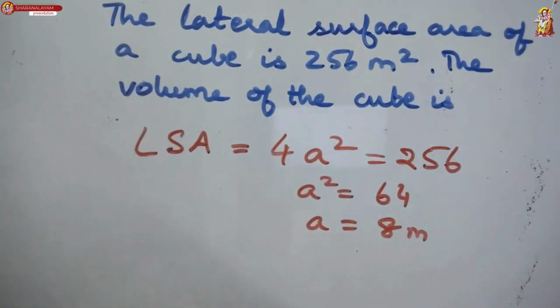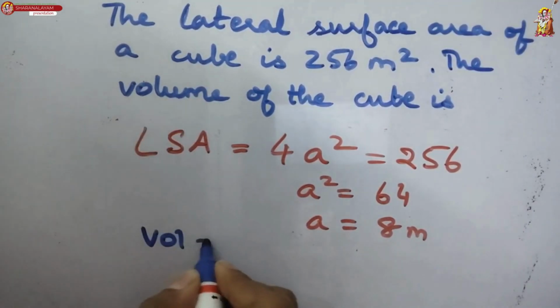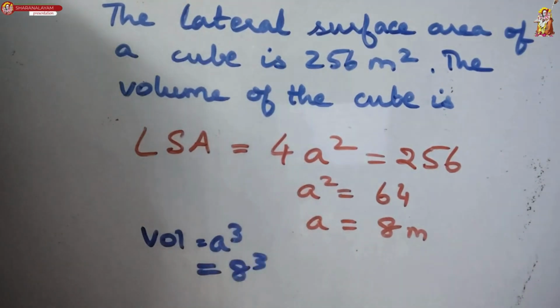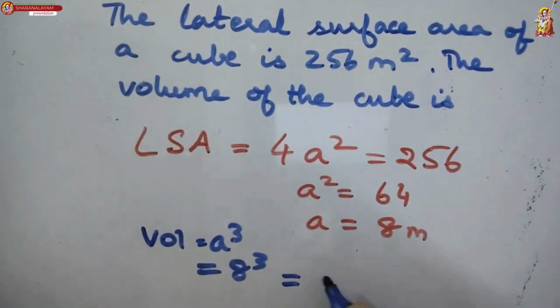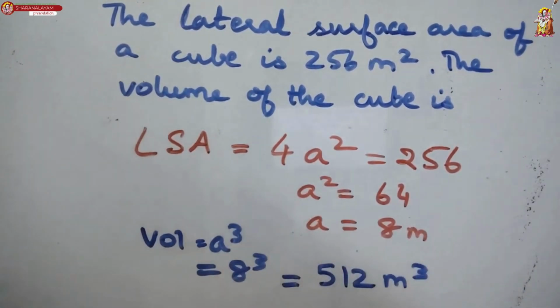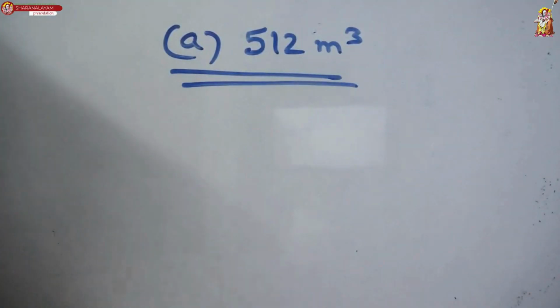We have only positive value as this is the side length. So if a is 8 meters, the volume, which is equal to a cube, will be equal to 8 cube. 8 cube is equal to 512 meter cube. So 512 meter cube is the correct option. Option A is the correct answer.